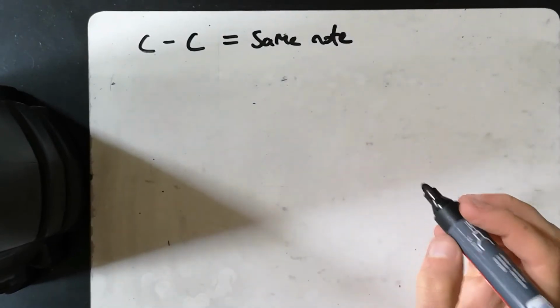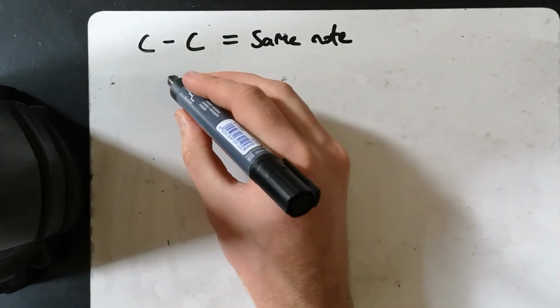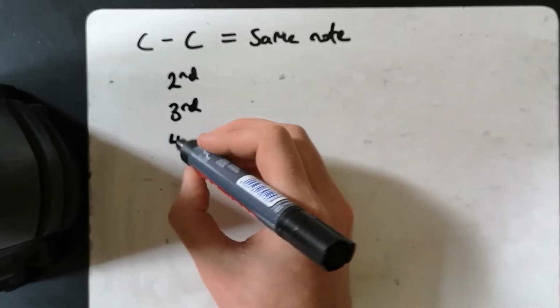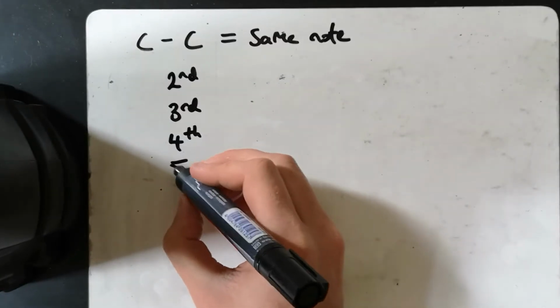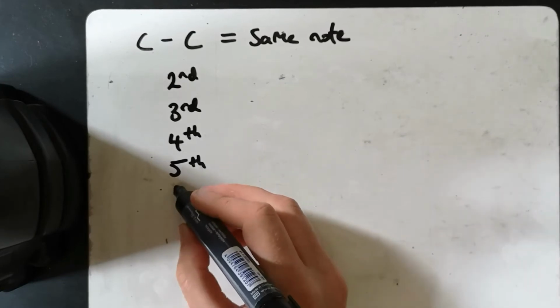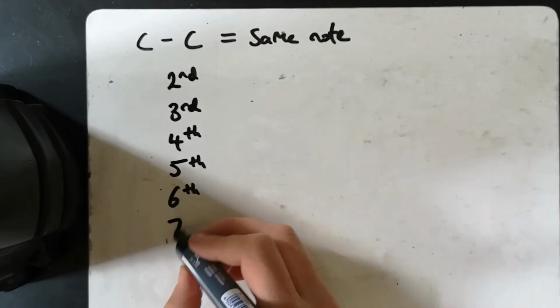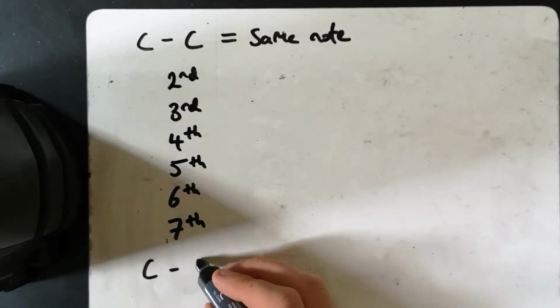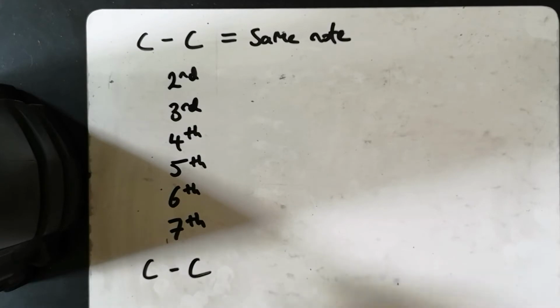There's no distance there. Or you could have a distance of a second, a third, fourth, fifth, sixth, or a seventh. And then you get to the octave, which would be C to a C again, the next C up in this case.